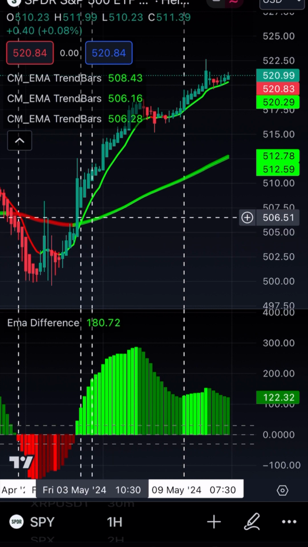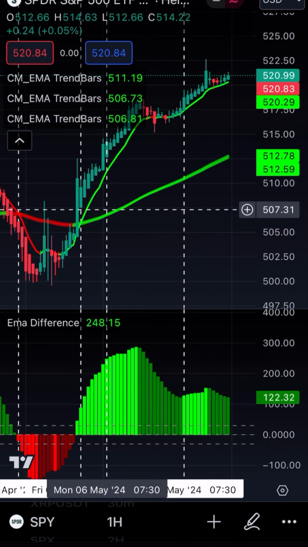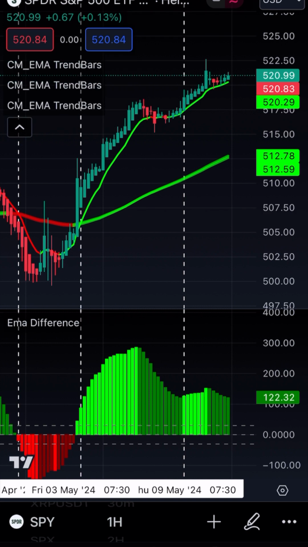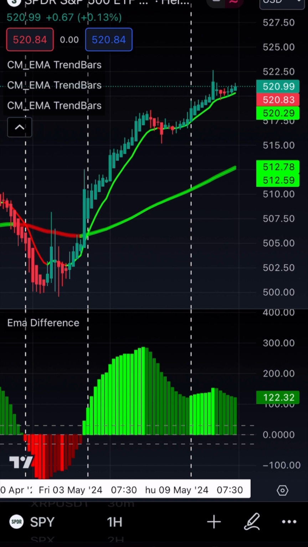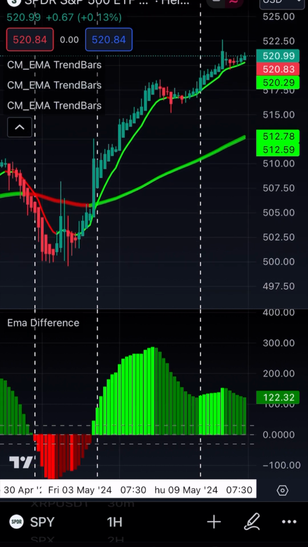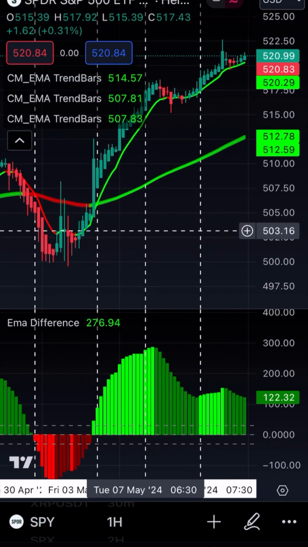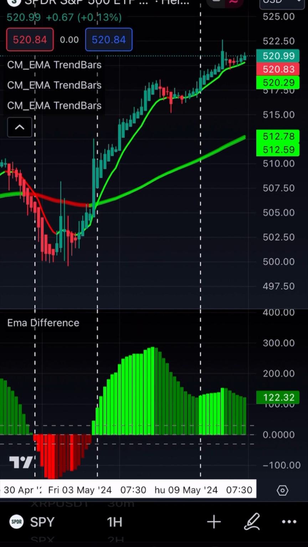You want to focus on getting in at that moment when it's crossing, but sometimes in that moment of crossing, it's really a change of direction. There's a lot of volatility at that point, because it's basically shifting direction.